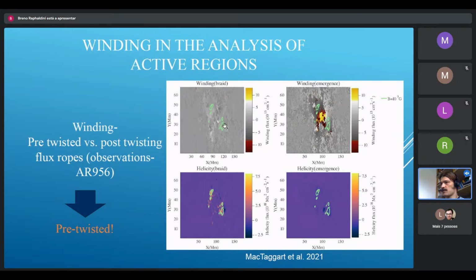These are the foot points of the sunspot, and the strong winding occurs in between the foot points, which is the place where the tube of magnetic field lines are first emerging, in between the foot points. In contrast, here we see that the helicity is actually dominated above the foot points.